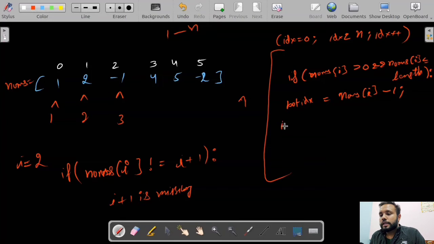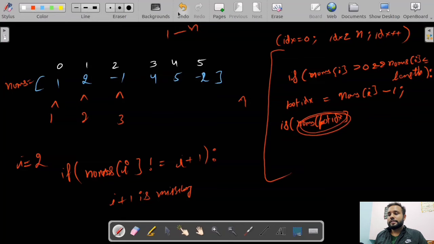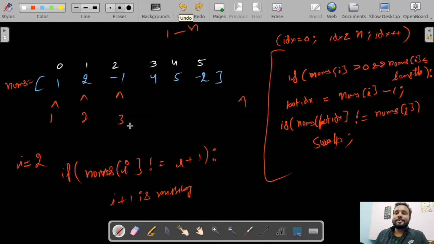So now I am going to check if nums of potential index, the number placed at this index, is not equal to nums of i. If it is not equal, then we swap it. Why am I saying this? Let's say the array is sorted.